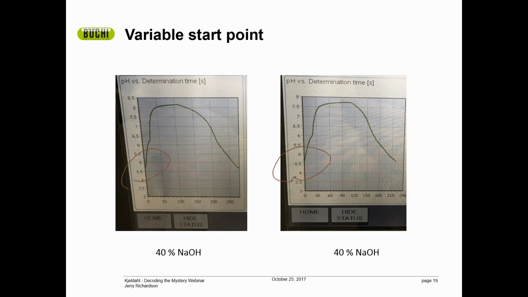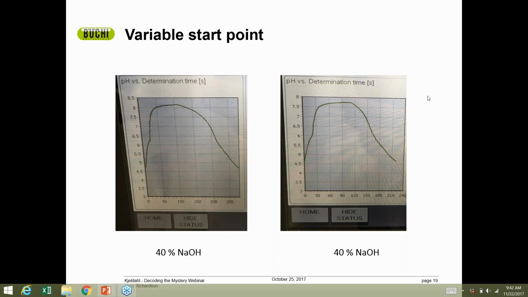With such a tight window, even small differences can make a big difference. So these are two back-to-back runs using 40% sodium hydroxide, and you can see there's a slight variability in what it calls a start point. That will have an effect on your results. Long story short, 32% is the way to go.